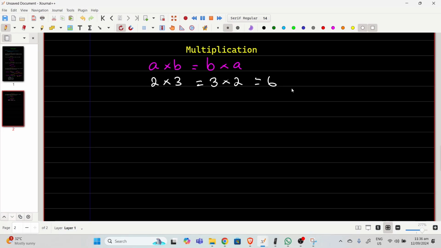Then we go on to the next property, which is the identity property.